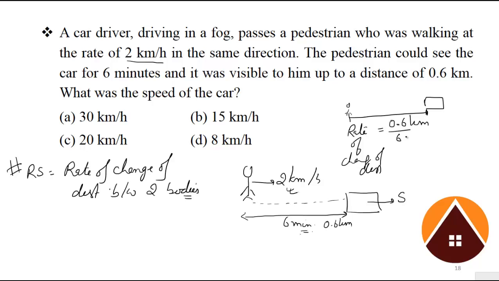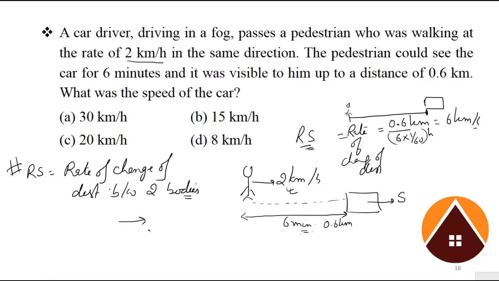6 minutes. So I can write 6 minutes as divided by 60, right, in hour. So I think if I simplify this, I get 6 km per hour. And this is nothing but relative speed. You can see the previous topic, we had discussed the definition of relative speed.